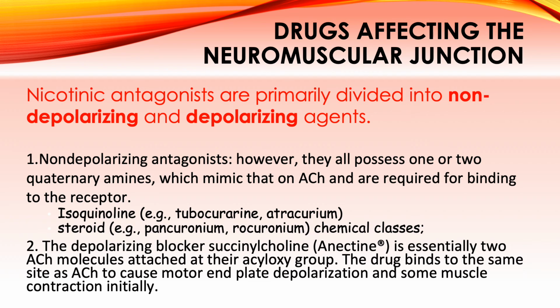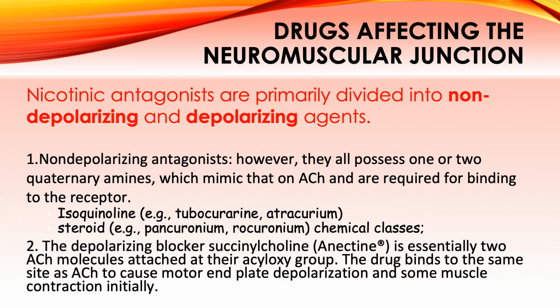Now, on the second type of our nicotinic antagonism, we have the depolarizing blocker or depolarizing antagonist. So, an example for this is our succinylcholine. It is essentially two acetylcholine molecules attached together at their acyloxy group, at the acetyl group on the other end.